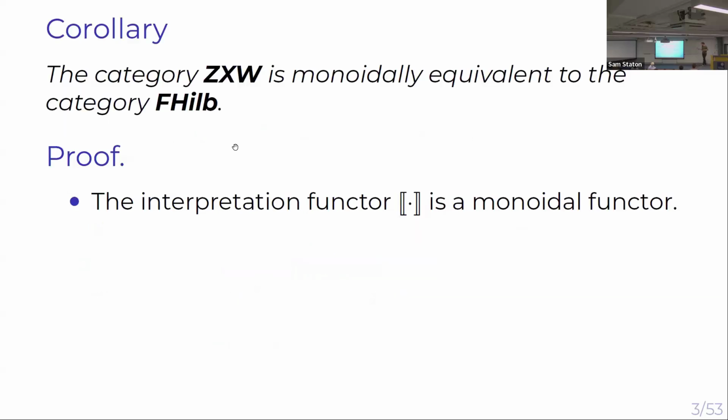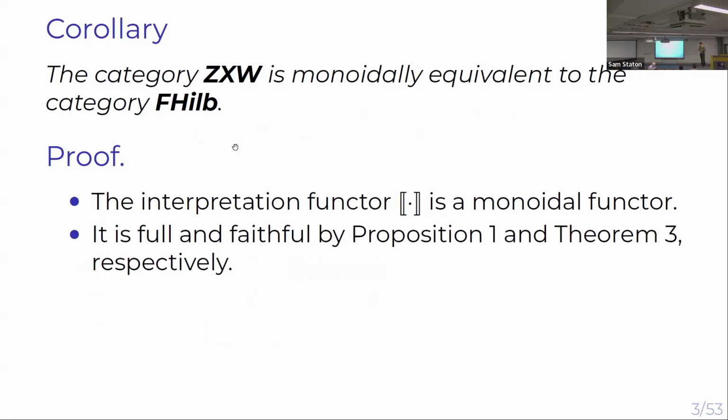First of all, the interpretation functor is the monoidal functor. Then fullness and faithfulness are the consequences of the existence of the normal form, so the universality. And theorem 3 was completeness. So we have a complete and universal language.